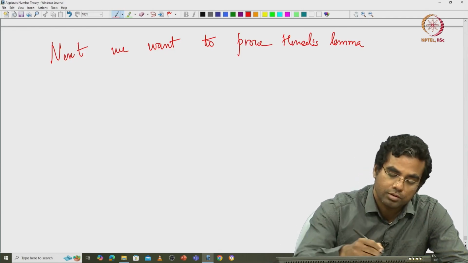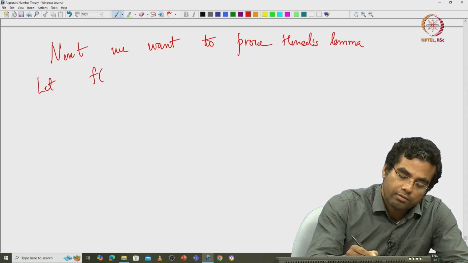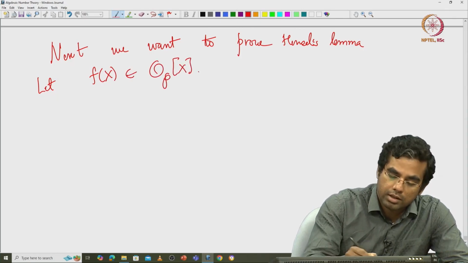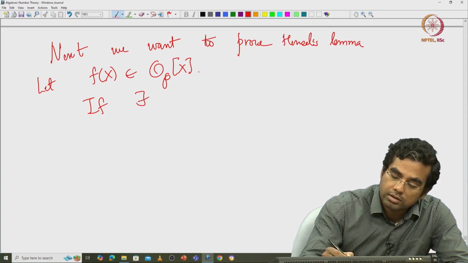So, what I want to do, so the idea is the following. So, let f of x be an element in O sub p of x if there exist.